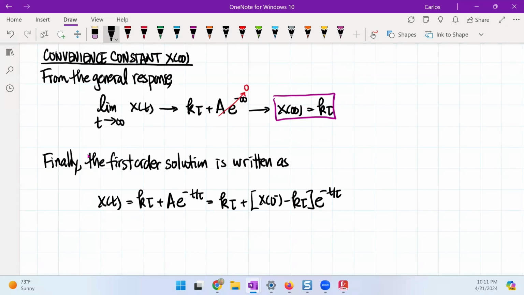So if I put that term in, we could then say that this will be x at infinity plus the square bracket x0 minus x at infinity times e to the minus t over tau. And this right here is our complete response.